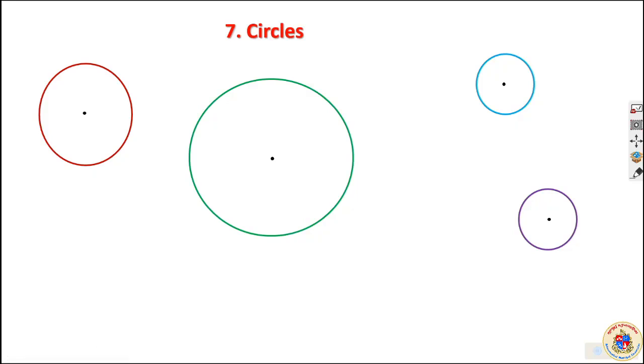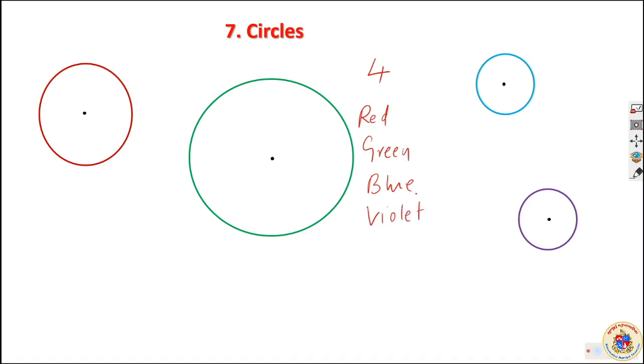If I ask you how many circles are there, you will simply answer me that 4 circles are there. And if I ask you to tell me about the circles, you may tell me there is a red circle, there is a green circle, there is a blue circle, and there is a violet circle.